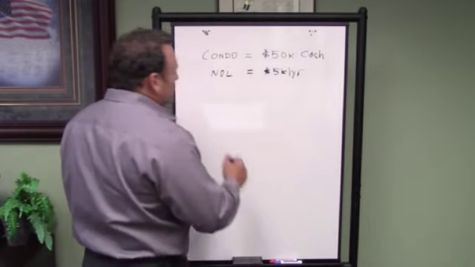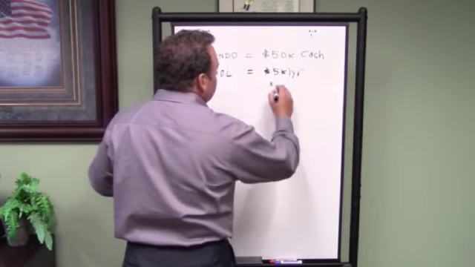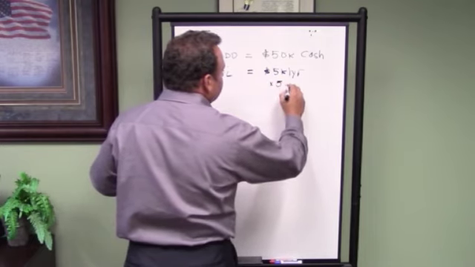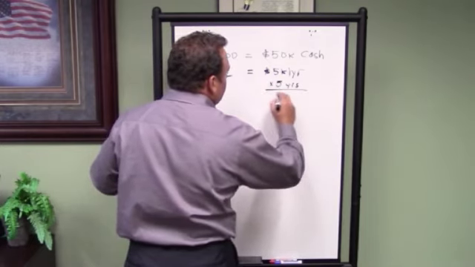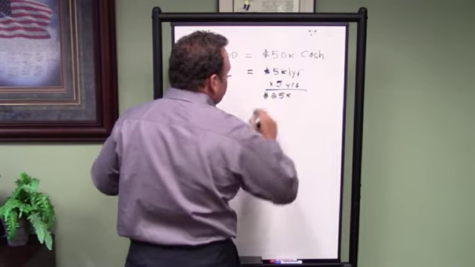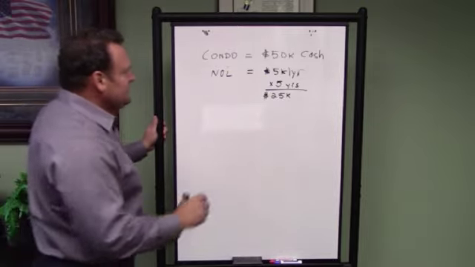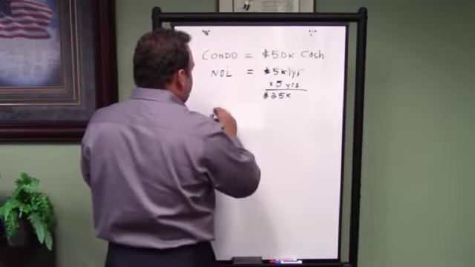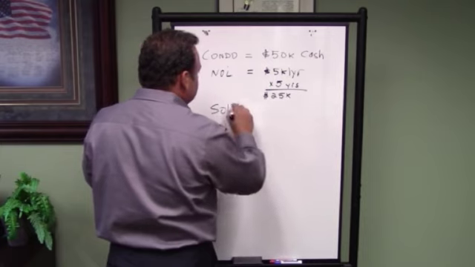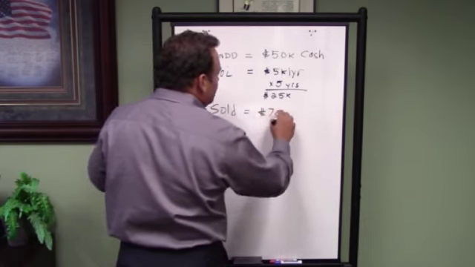Now, let's say you got $5,000 a year times 5 years, which is a total of $25,000. Okay? Now, let's say at the end of the 5 years you sold it, because the market went up, for $75,000.